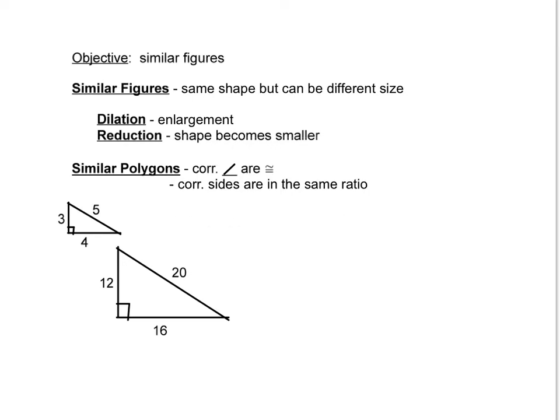These triangles right here are similar because they're both right angles, which means this angle is congruent to this angle, and this angle is congruent to this angle.